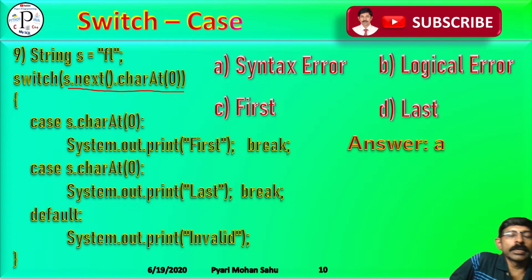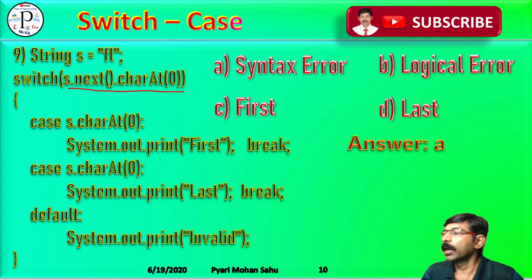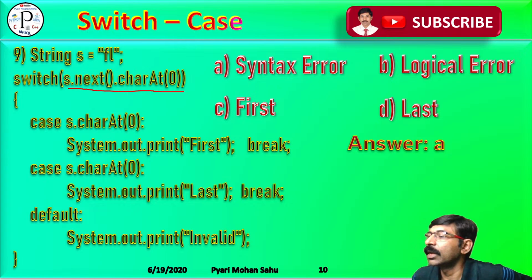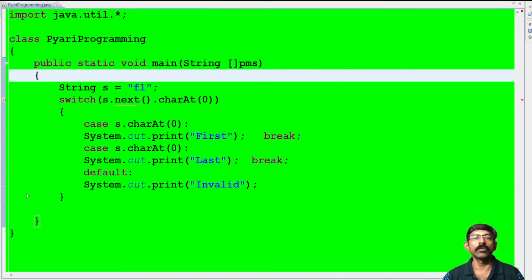The reason behind is that next method belongs to your scanner object. Error. Next cannot be used on a string. It can be a scanner method. Good. I have not changed the screen. I'm changing the screen for you. Okay. Now you got it.